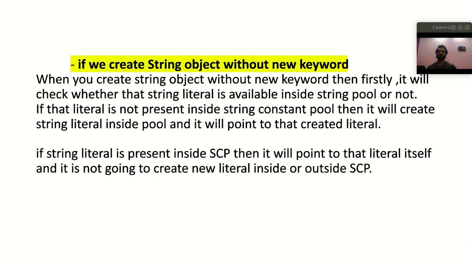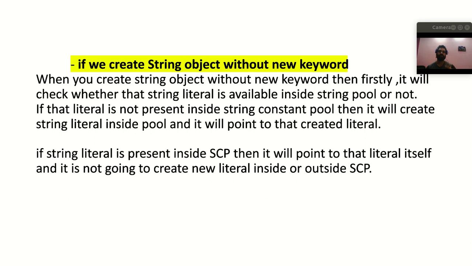If that literal is not present inside the pool, then it will create that string literal inside the pool, and point to that created literal. It means it will not come out and create anything in the heap memory. It will only create in the string constant pool and refer to that particular literal.